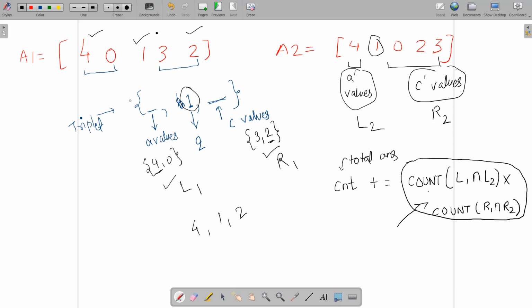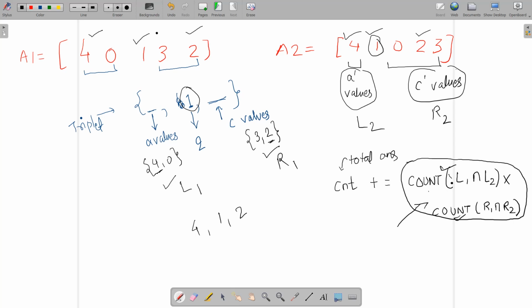And when this intersection gives the values 4, 1, 2, and these values are located in array A2, 4, 1, 2, this is also in increasing order.